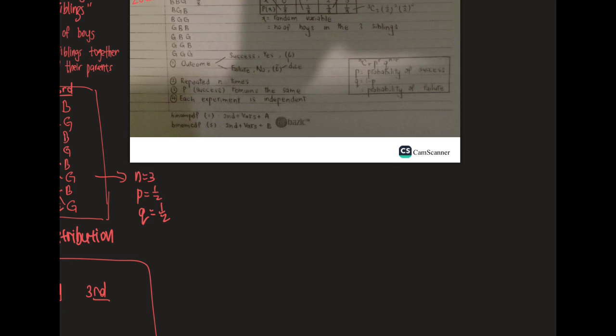So if you have fixed N, P, and Q, then you can use these, nCr, p^r, q^(n minus r), to find the probability. How to find probability? Let's say an example.